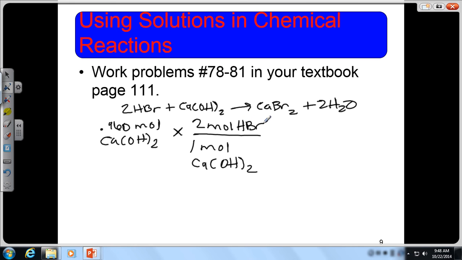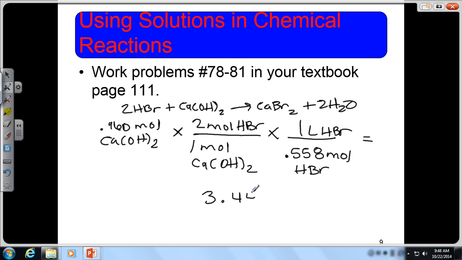And then we want to find volume, so we know we're going to have to use the molarity. So we plug in our molarity, which is moles per liter. We just have it flipped over here in the denominator. And we get 3.44 liters of hydrobromic acid.